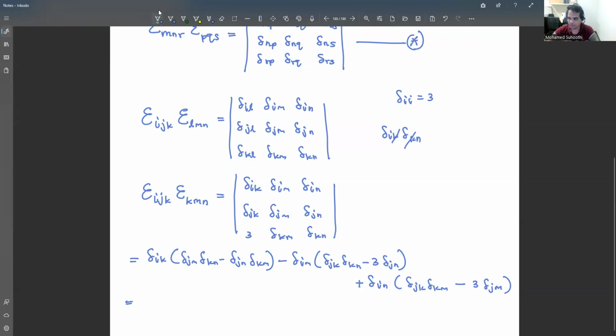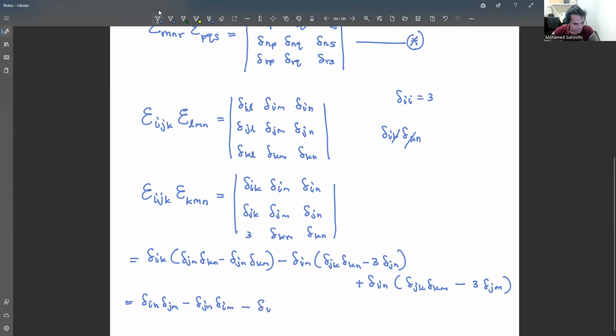So delta IN and delta JM, right? The second one, IK, KM, therefore IM, so delta JN, delta IM. What I am doing is replacing K with M. That's all.